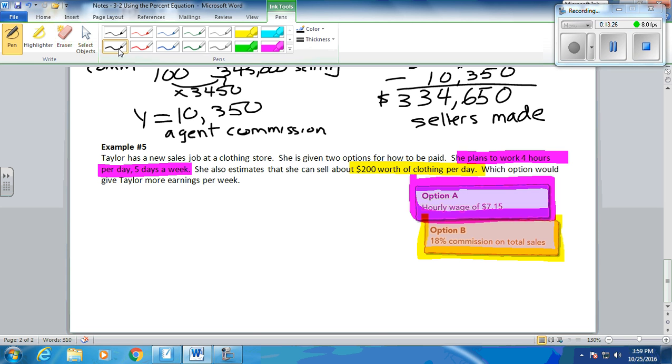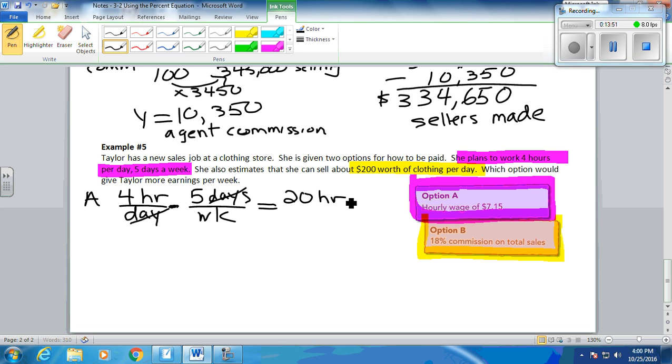So now we need to make sure we show our work for both options. Option A, if she makes 4 hours a day, and if I'm thinking about conversions, I would multiply times 5 days a week. Now I can cross cancel my days, and I'm left with 20. The units left are hours per week.